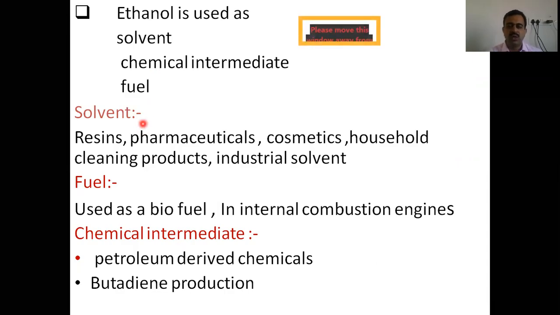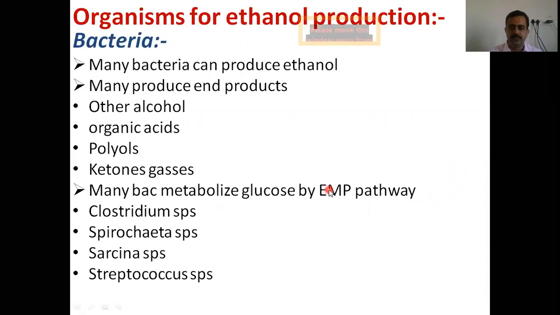Solvents include resins, pharmaceuticals, cosmetics, household cleaning products, and industrial solvents. So ethanol has an excellent and extensive use as a solvent. Then it is used as a fuel as well, as a biofuel in internal combustion engines extensively. Chemical intermediates include petrol derived chemicals and butadiene production. So it acts as an intermediate as well.